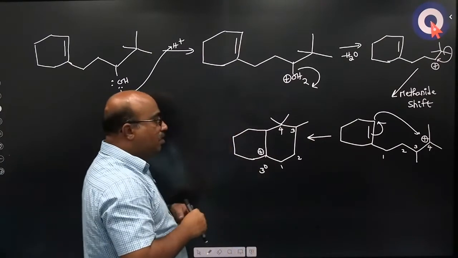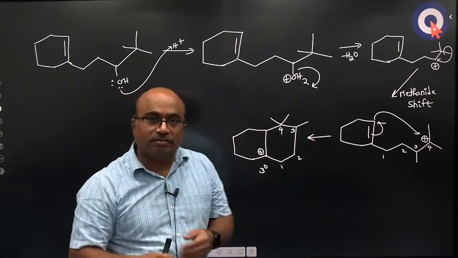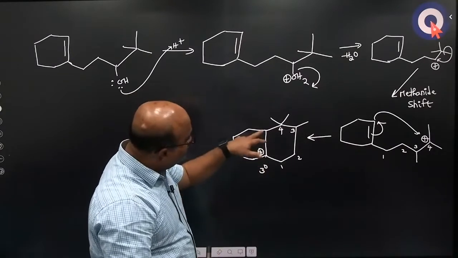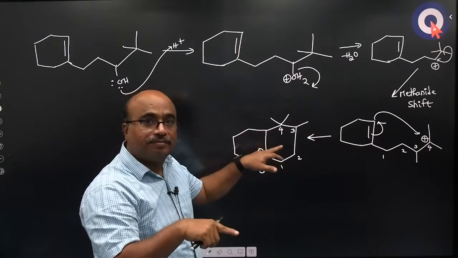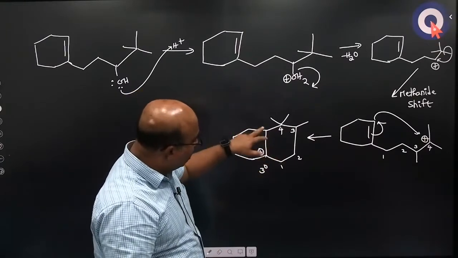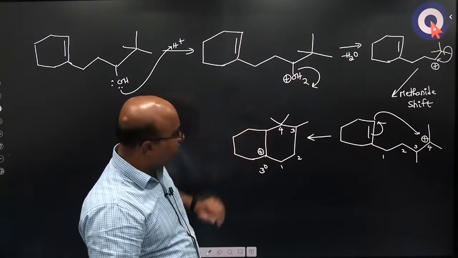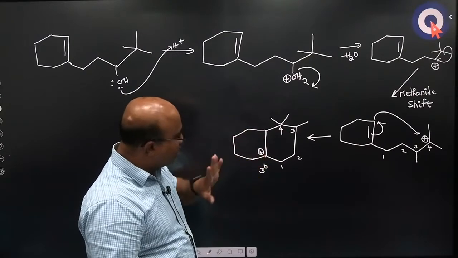Now do we have any possibility of further rearrangement here? This may go to here, it will become tertiary again. But that is not a stable one. There are only 2 tertiary carbons, all the remaining are secondary with respect to this carbon.